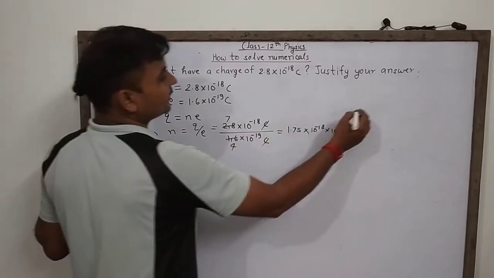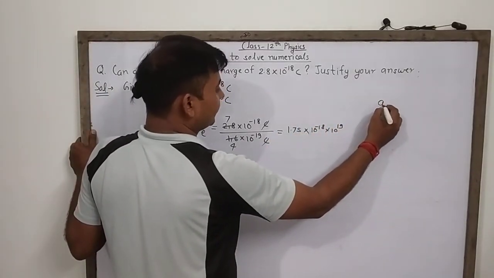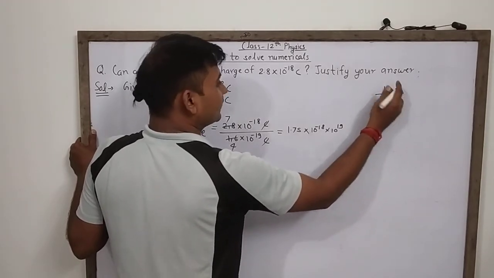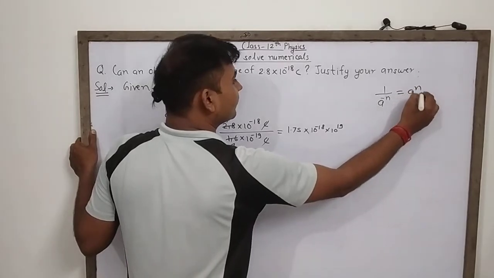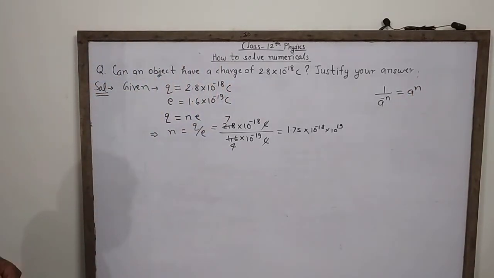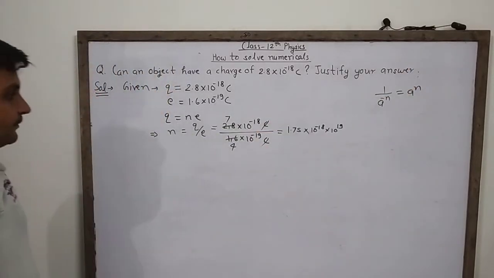You know the rule of powers: if a number has a negative power and we transfer it from denominator to numerator, then the power becomes positive.